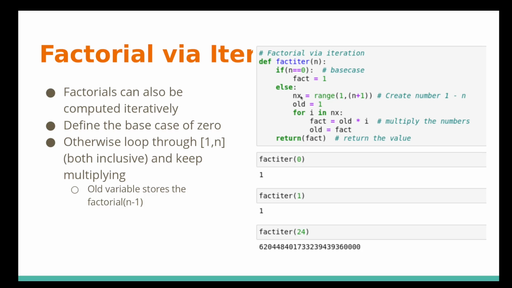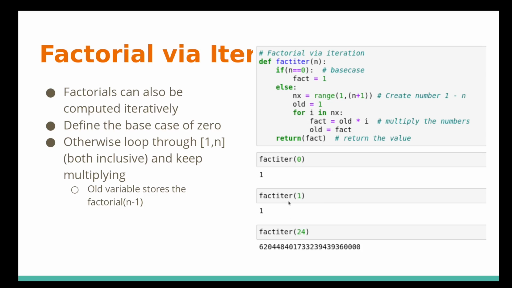Else, I'm going to create a range of numbers and loop through, where I start with my old number 1 and multiply it with i, so that I finish the loop and update my factorial. Each time I'm multiplying old with the current value of the number, but before I exit the loop, I also assign the factorial that I just created to old, and then eventually I return the factorial. Again, I get factorial of 0 is 1, which is the base case.